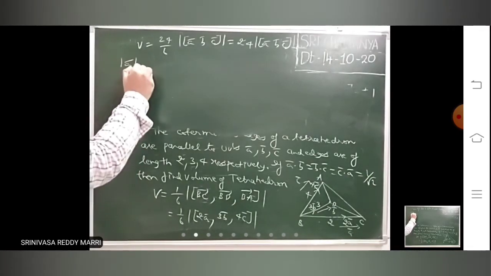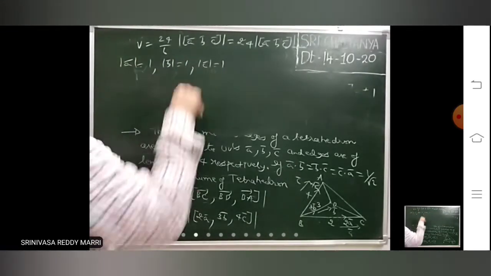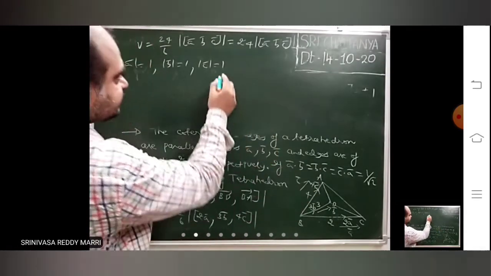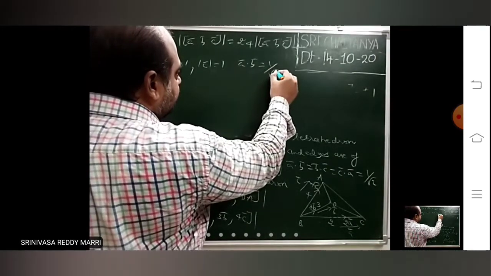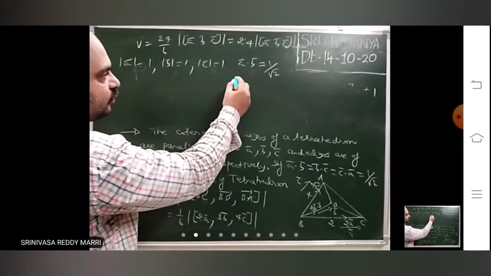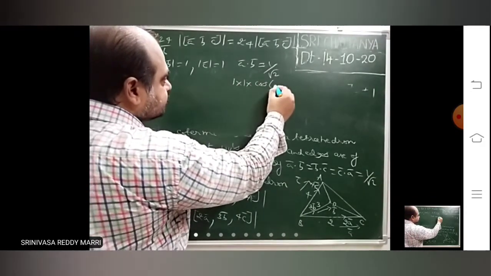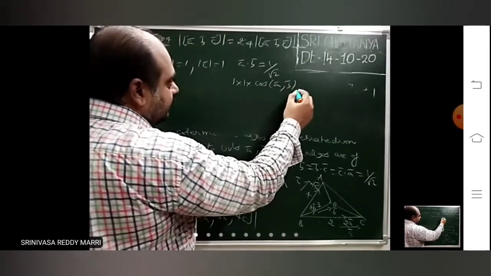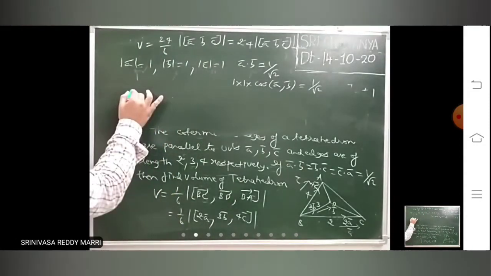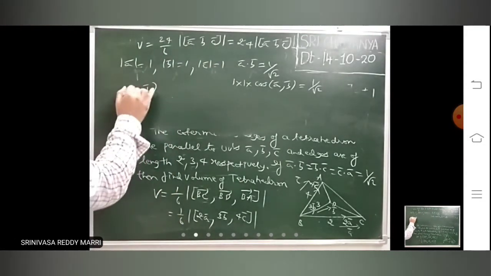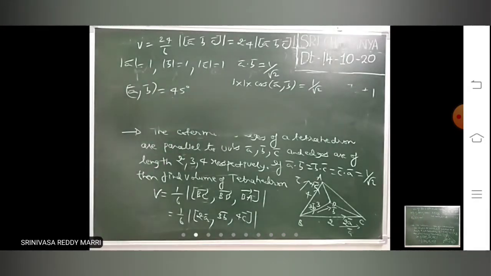Now in the question, modulus A bar equals 1, unit vectors are given, and this relation is given. Look, A bar dot B bar equals 1 by root 2. So calculate the angle: 1 into cos of the angle between A bar and B bar is 1 by root 2. Therefore, we can say the angle between A bar and B bar is 45 degrees.